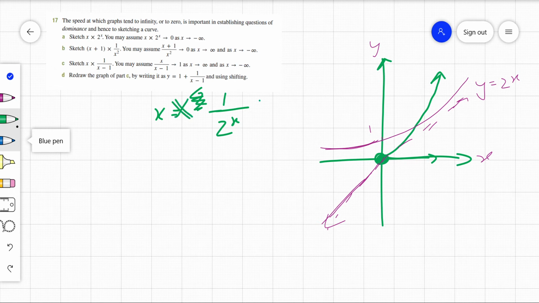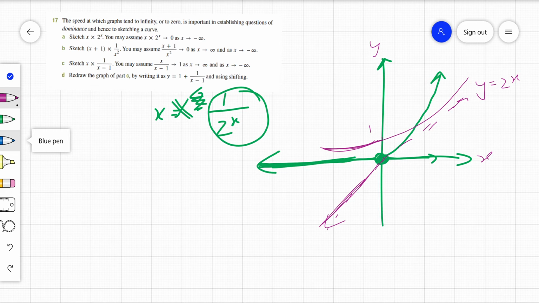So you can see, this will go to 0, as it were. So it's going to get closer and closer to 0 as x gets bigger and bigger in this direction. So we know the curve is going to get closer to this straight line, y equals 0. And we know that it's got to be negative because there's a positive times a negative.